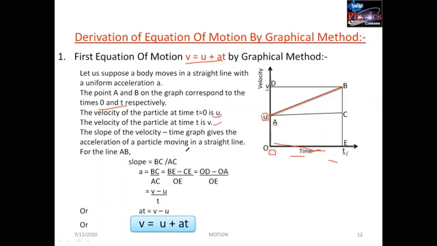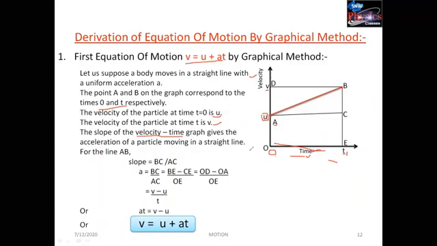The slope of the velocity time graph, हम लोगों ने पहले डिस्कस किया है कि वेलोसिटी बाय टाइम जब हम ग्राफ में ड्रॉ करते हैं, then its slope gives the acceleration.